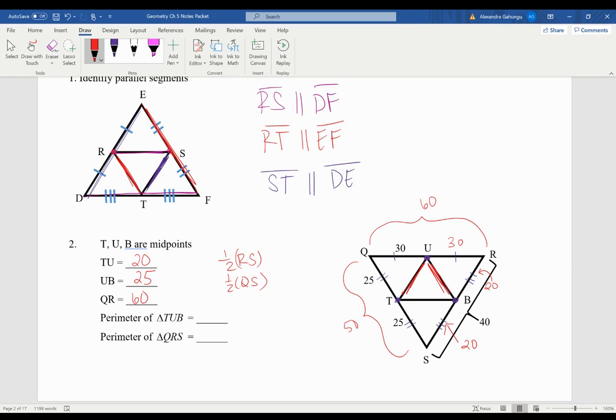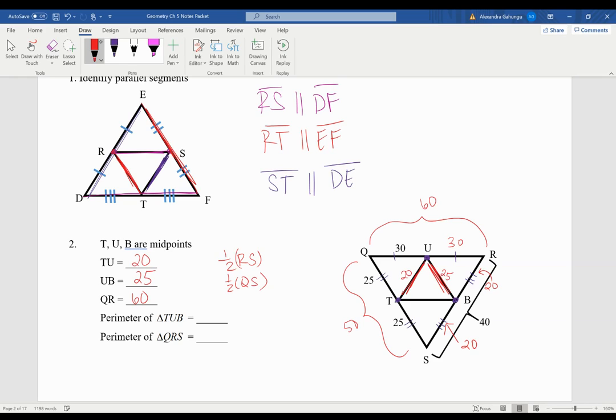So the perimeter of our triangles is adding up all of our sides. TUB is a small triangle. And I know what TU is from before. It's 20. UB is 25.